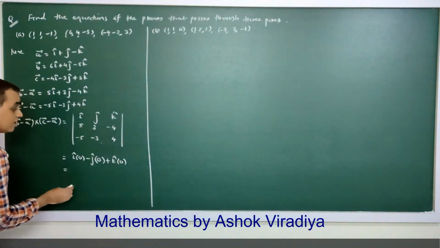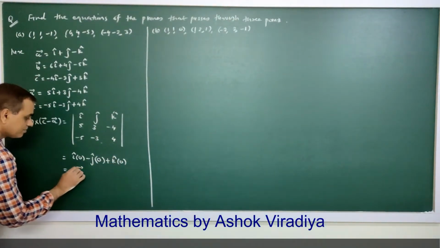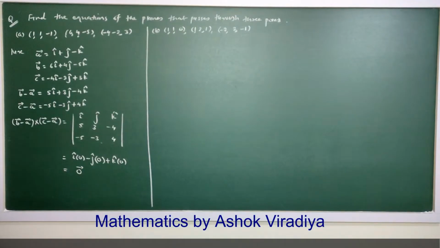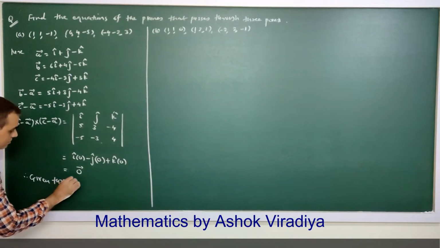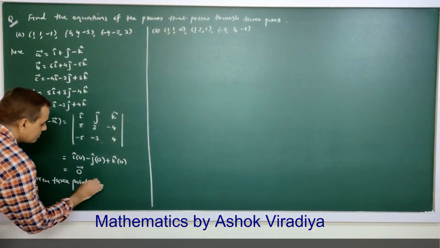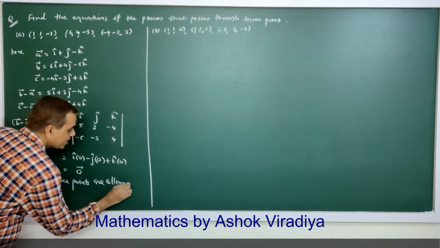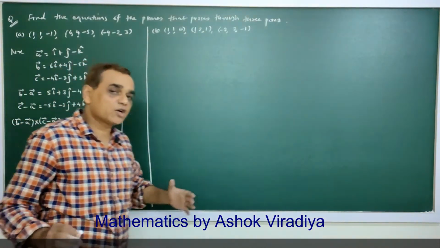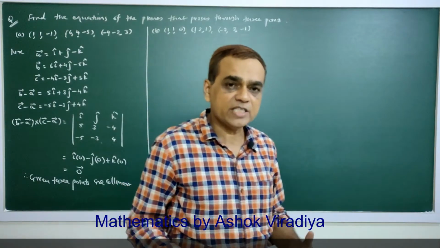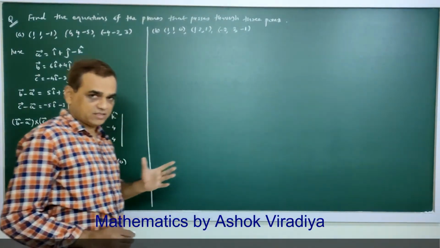So this is the 0 vector. Therefore the given points are collinear, and because the given 3 points are collinear, there does not exist a unique plane.